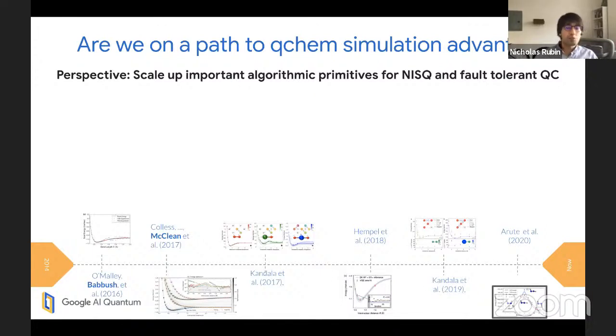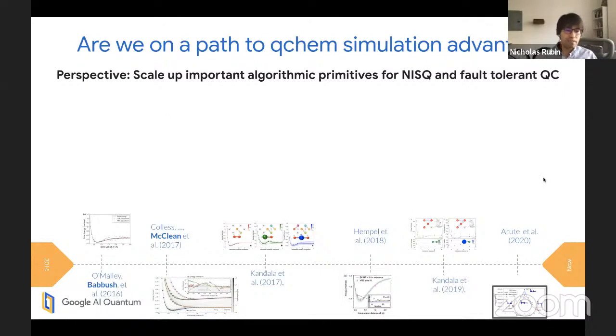So this isn't a criticism of these particular experiments. It's more of an observation that it's actually extremely difficult to get these experiments to work. And it's likely that as we transition into the intermediate scale and large scale, either NISQ or fault-tolerant computations, we're going to need new ideas coming into the field. So that's where I start from in terms of this research program.